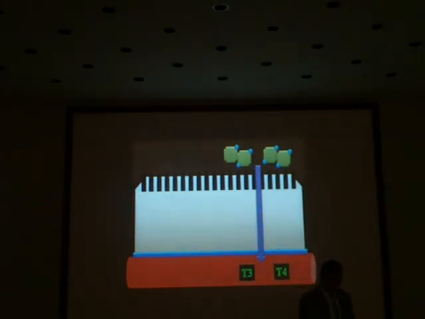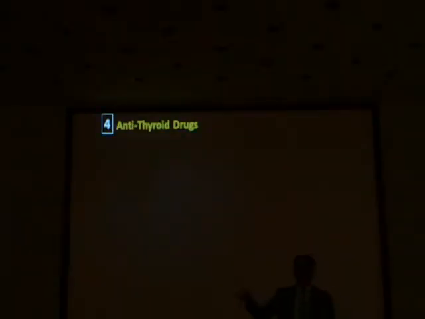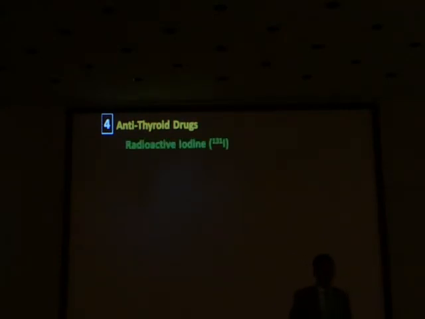Why am I going through all this? Because antithyroid drugs will act on these things. And the first line of treatment that's related to this cycle is something called radioactive iodine, the I-131. Now, why do you think this is helpful in treating a thyroid disease?